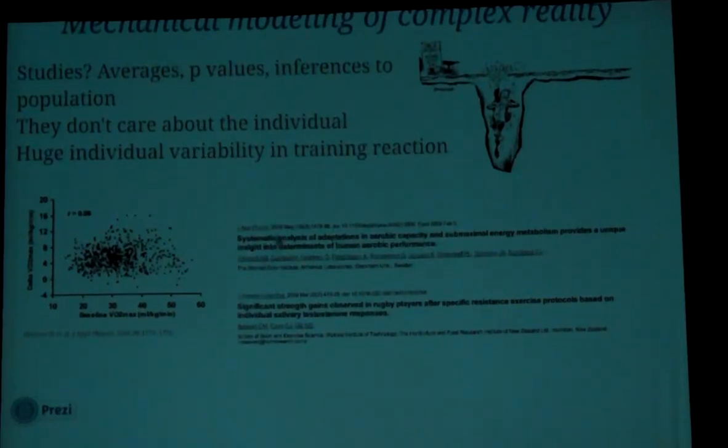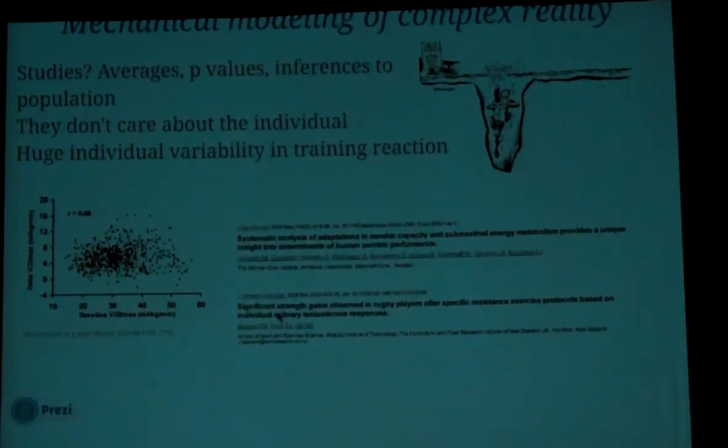These two studies are also quite interesting. In this one, they showed that rugby players responded differently to strength training depending on their reaction in terms of saliva testosterone. They get a couple of strength sessions, for example 4 sets of 10, 5 sets of 5, or 6 sets of 2, and they measure the testosterone response.